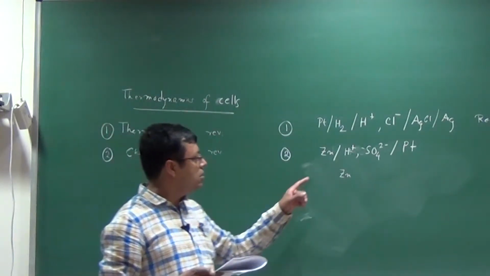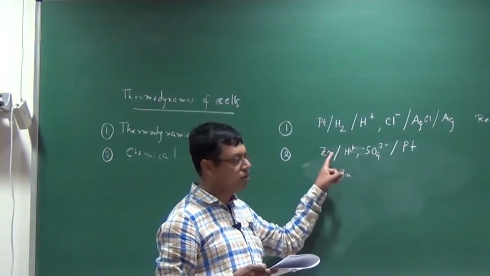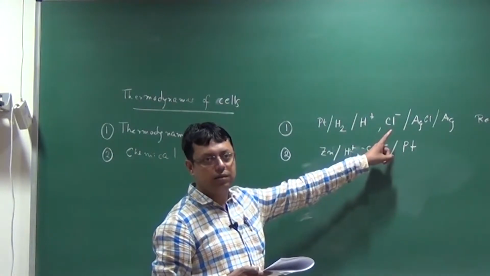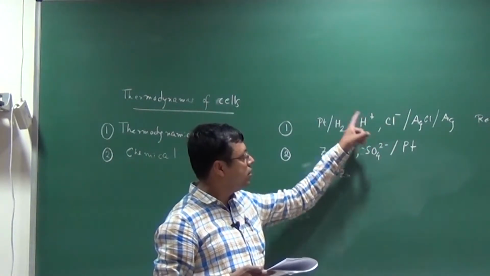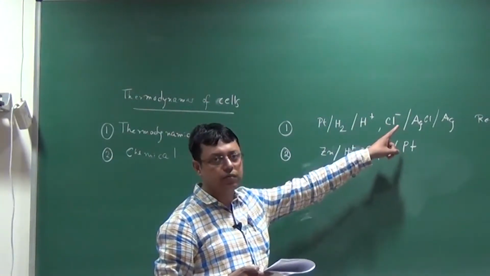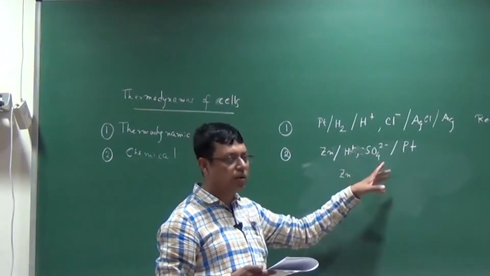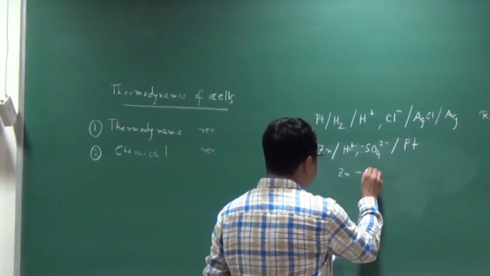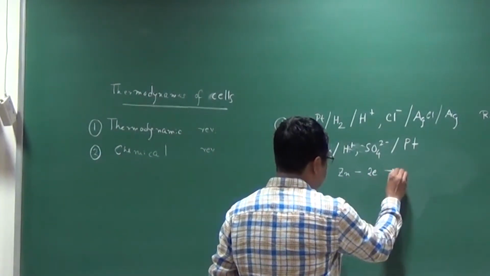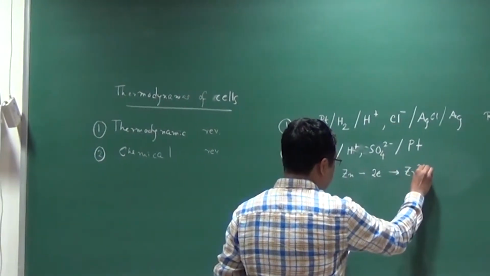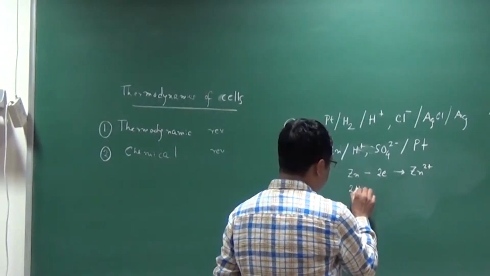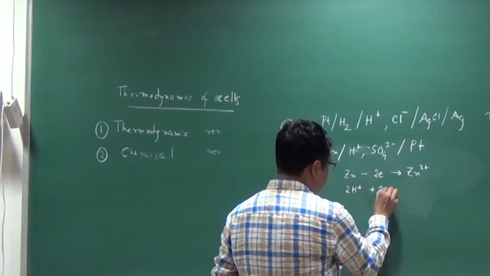As you can see, this is the left electrode, that's how I have written it. For the earlier one, this was 0 and that was positive. Now this is negative, and that will be 0 basically. So I'll have zinc going to zinc 2 plus, and then the hydrogen reaction, which you already know, 2H plus plus 2 electrons.